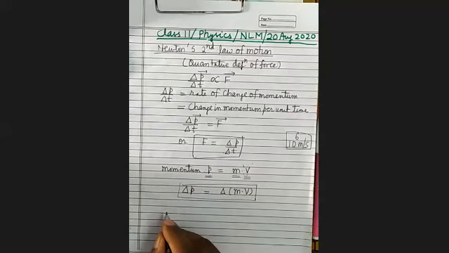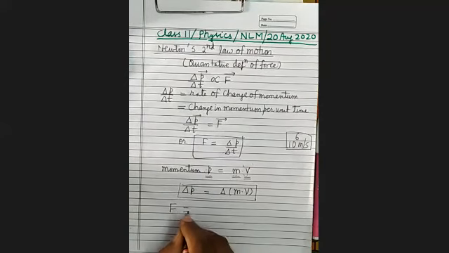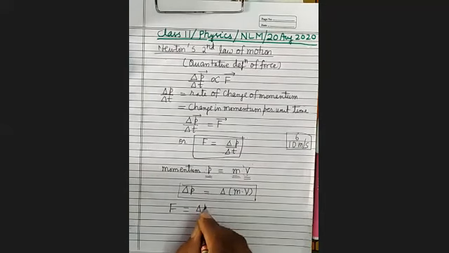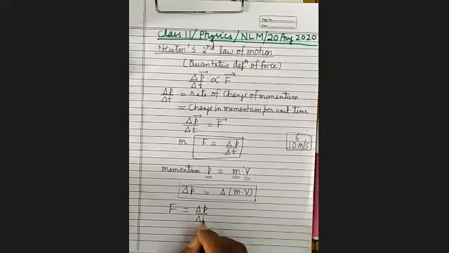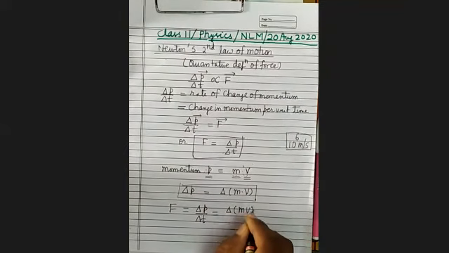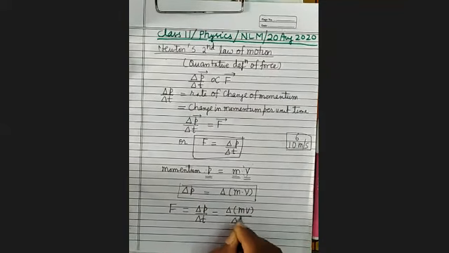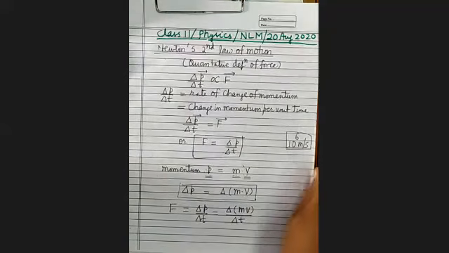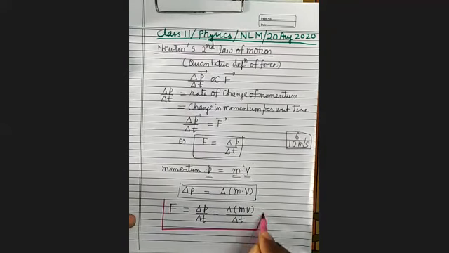You can write it as F equals to delta P upon delta T, which equals delta of mv upon delta T. This is the mathematical form of Newton's second law of motion. It's clear?